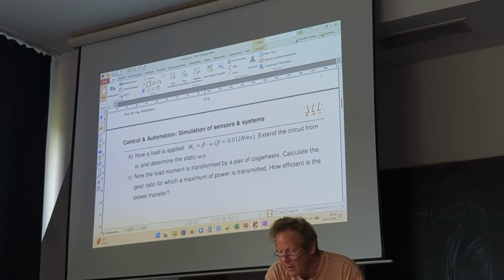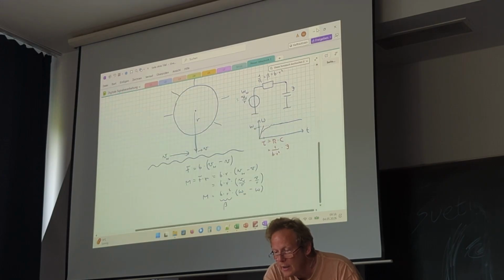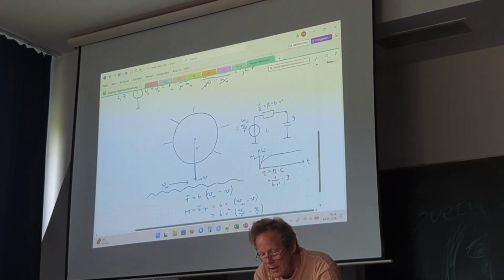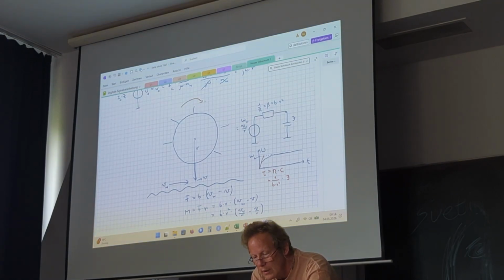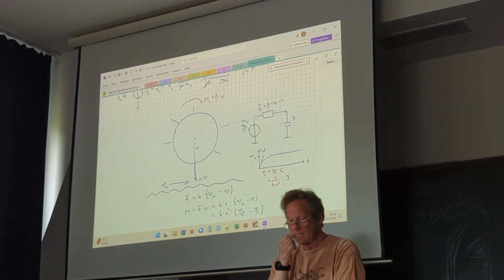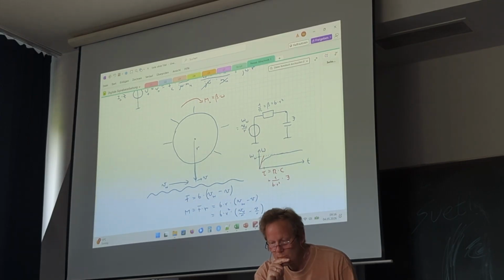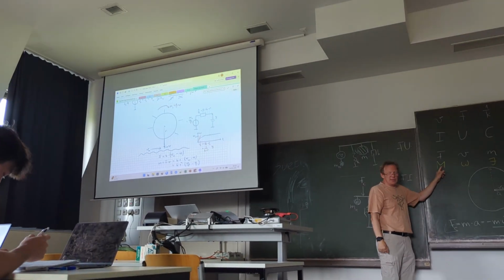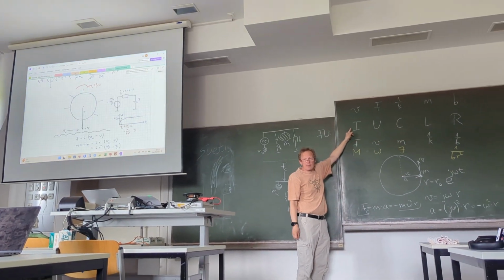That means omega after a very long time. Okay, a load is applied. So we have an additional load, which was beta times omega. When we have an additional moment, it means we have an additional current somewhere.